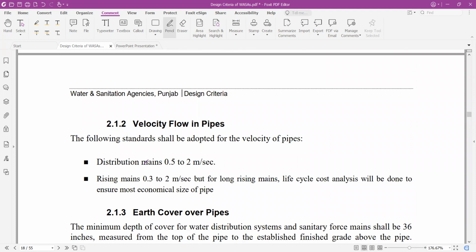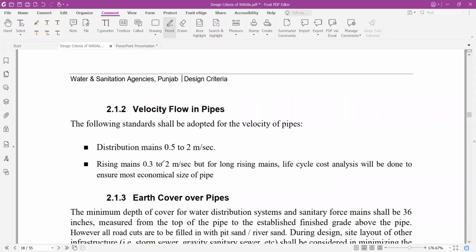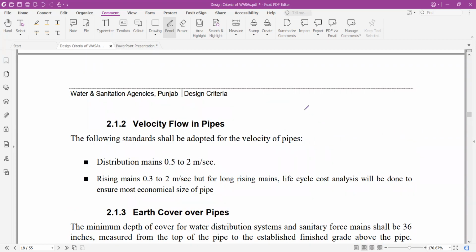By increasing the velocity, the pressure decreases, and by decreasing the velocity, different problems like siltation occur.